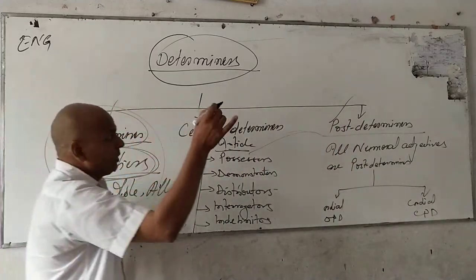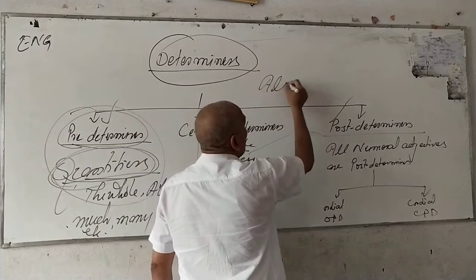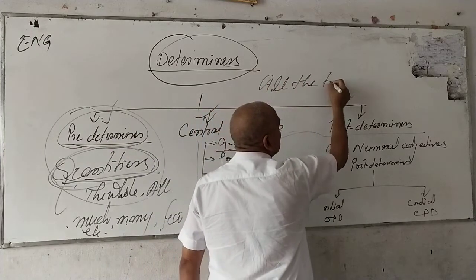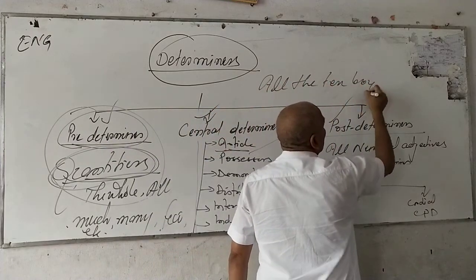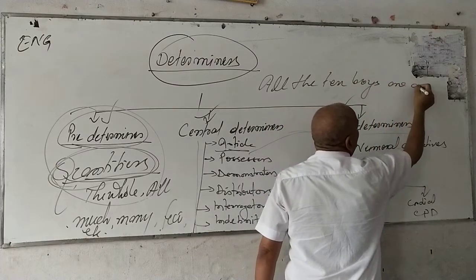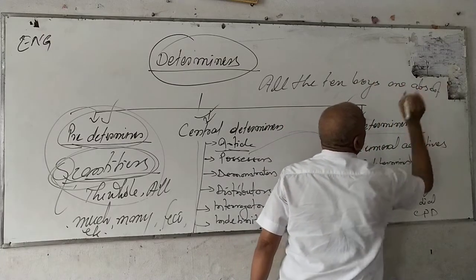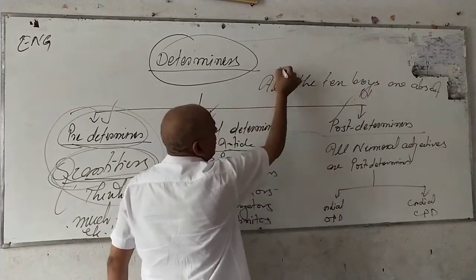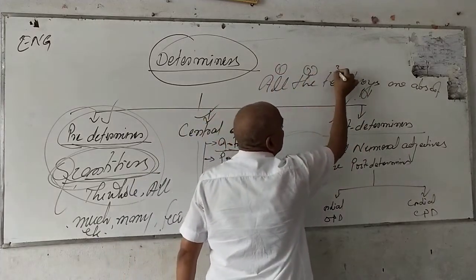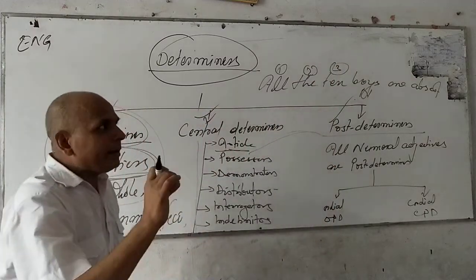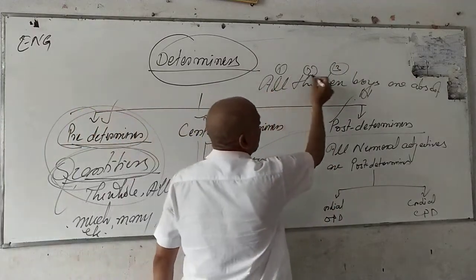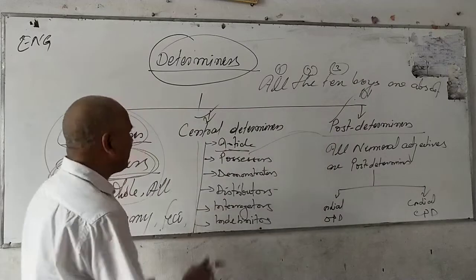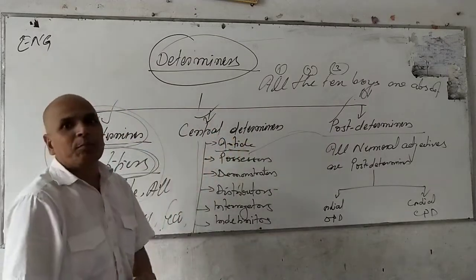So I give you the example: all the 10 boys are absent. Before this noun, there are three determiners, 1, 2, 3. But the correctness of all these three determiners according to position can be checked by this classification.